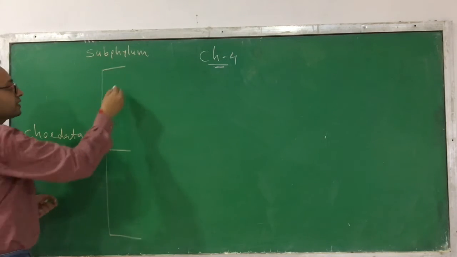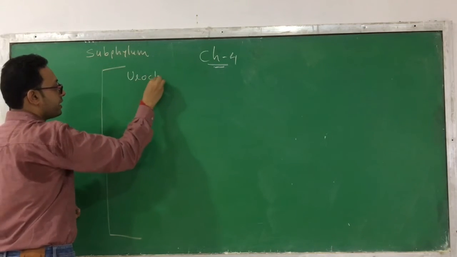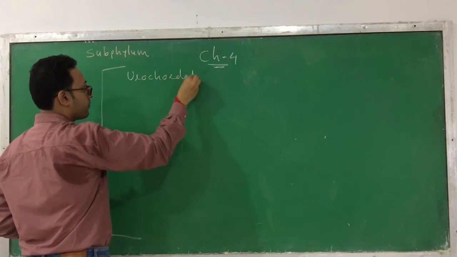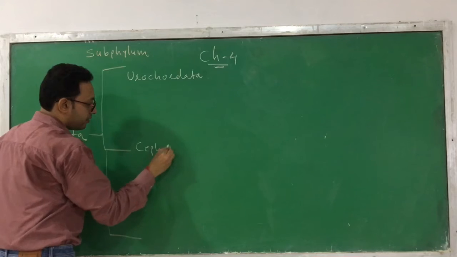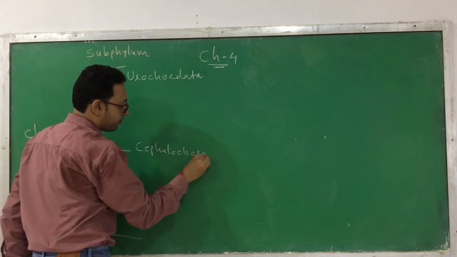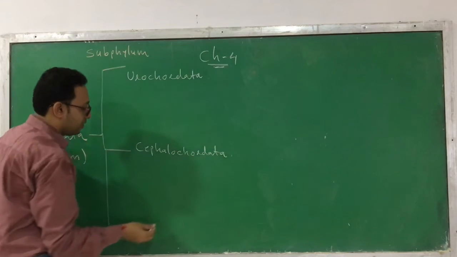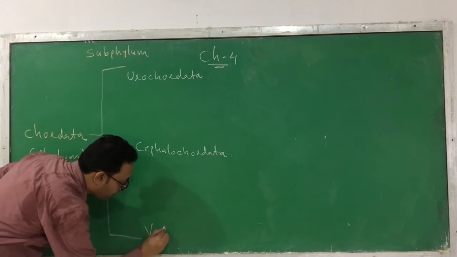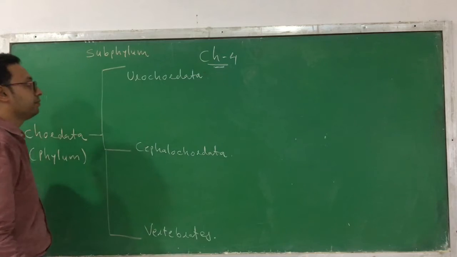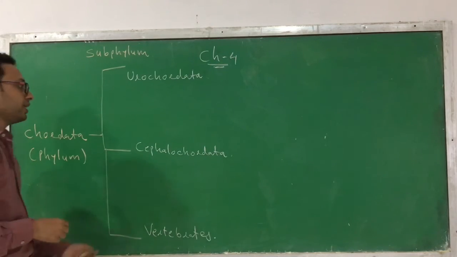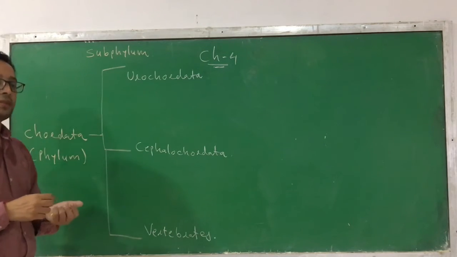There are 3. First is called Urochordata. Second one is called Cephalochordata. They are the subphyla. And the third one, you can call it vertebrates. These are the 3 subphyla: Urochordata, Cephalochordata, and the vertebrates.